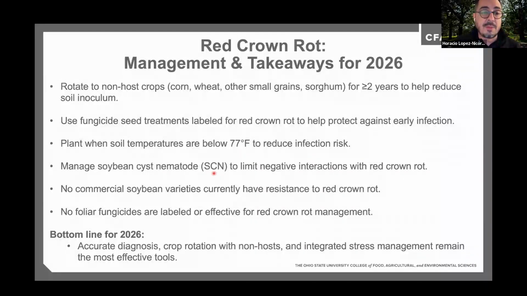Manage SCN. There's also a report of interaction. No commercial varieties are currently resistant or have partial resistance to red crown rot. And no foliar applications. You're going to see it, and it looks bad. However, the fungus is in the root system producing toxins that show up aboveground. And integrated management.